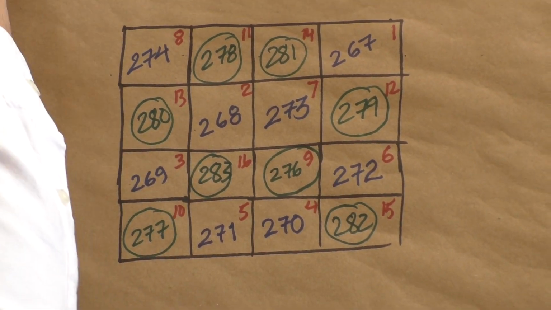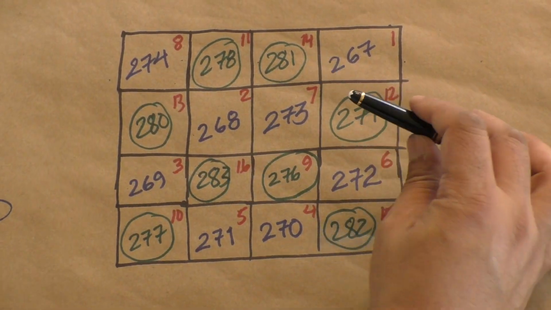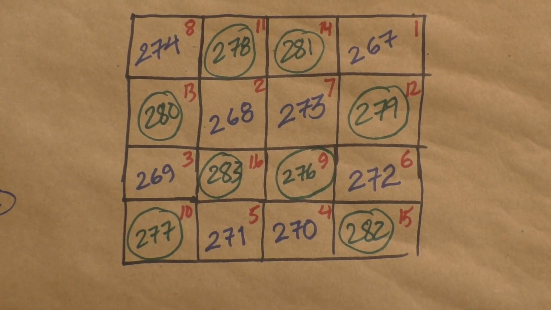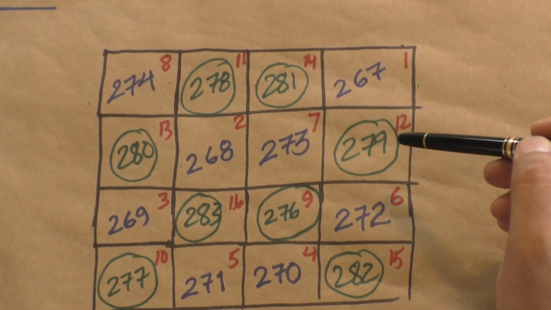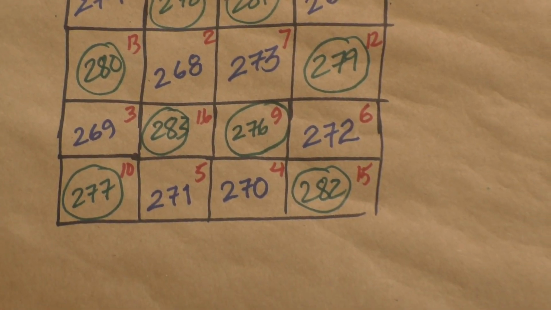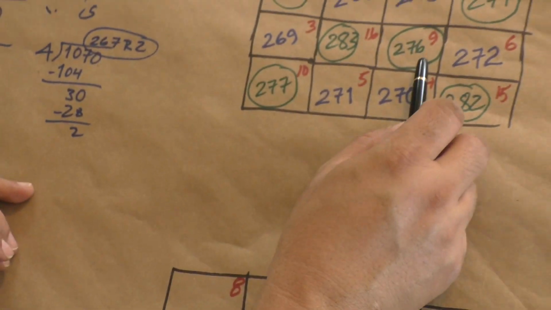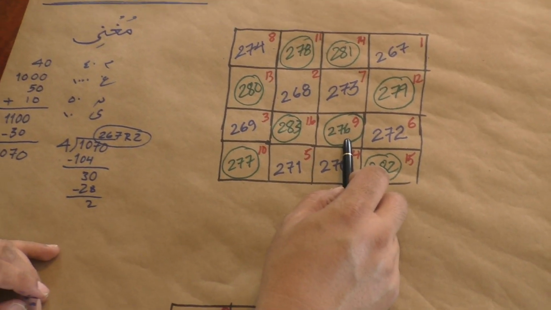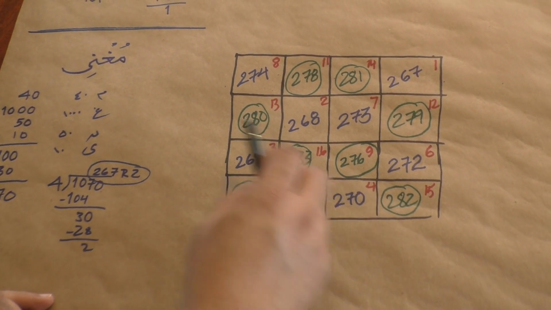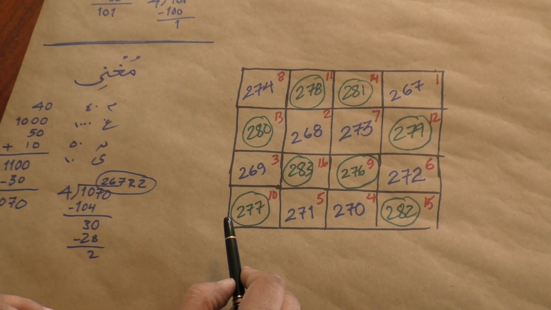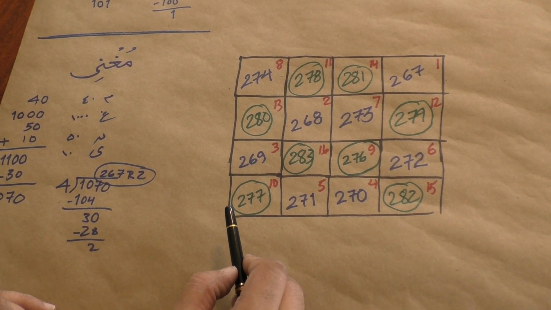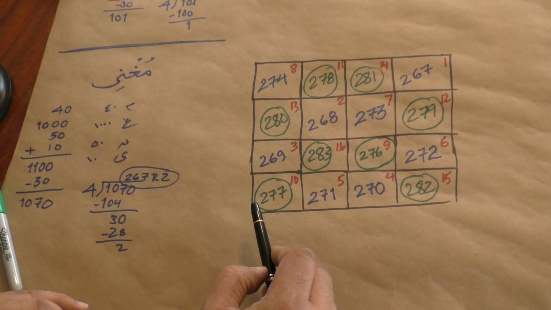Now I want you to take a moment and look at this very carefully. If we had not done this, and from the 9th cell we had just gone ahead with 275, every horizontal row, vertical column, and both diagonals would be short by 2, and we wouldn't get the value of 1,100.